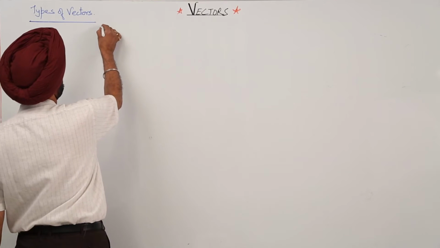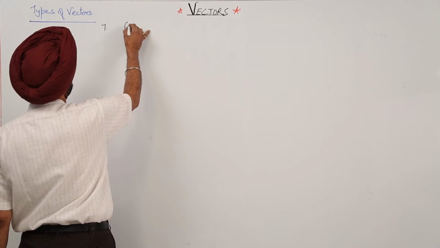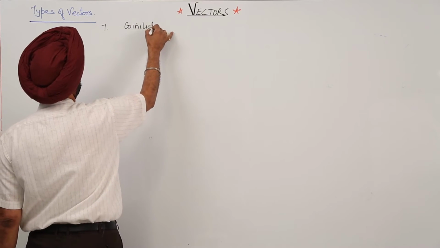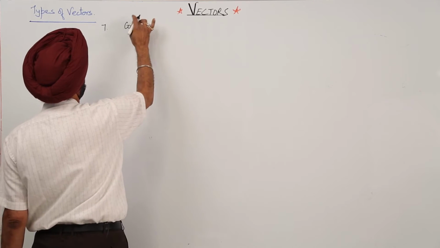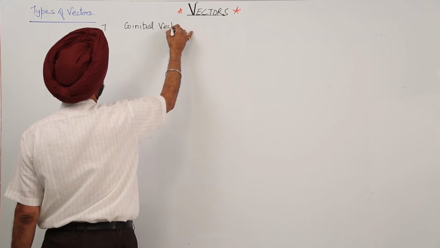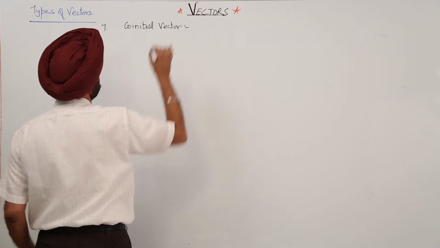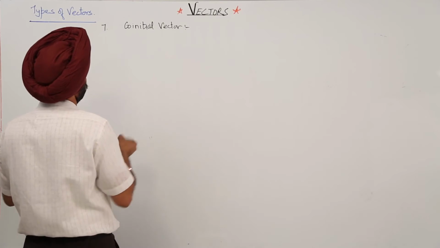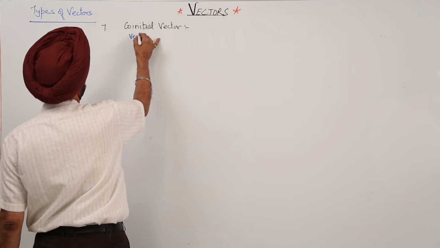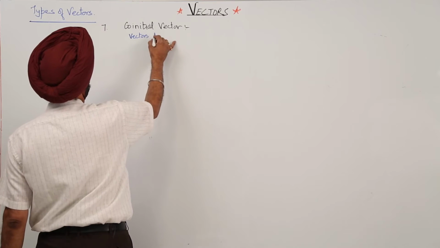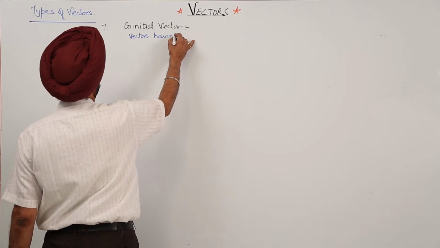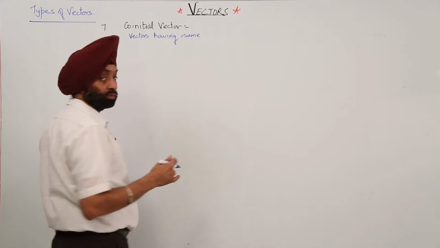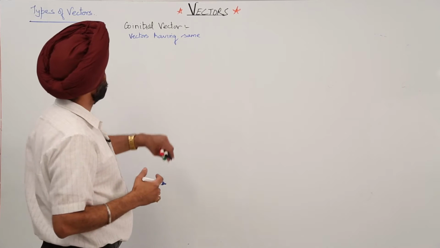Seventh is co-initial vectors. Now, vectors having the same initial point, as it is understood, it is co-initial, means having the same initials.